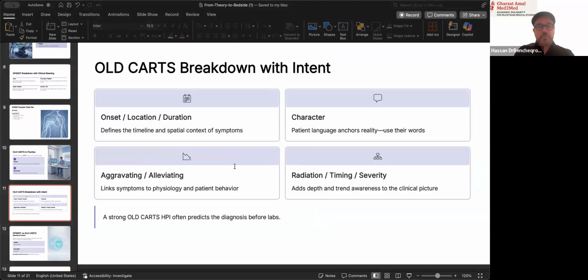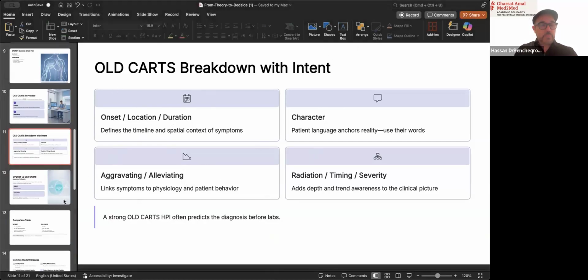That means the onset, the location and duration, meaning the timeline, the character, the aggravating and alleviating factors, and then radiation, timing and severity. Good.